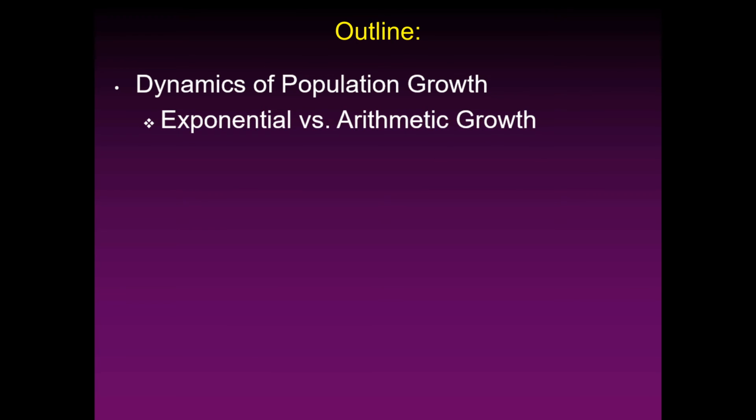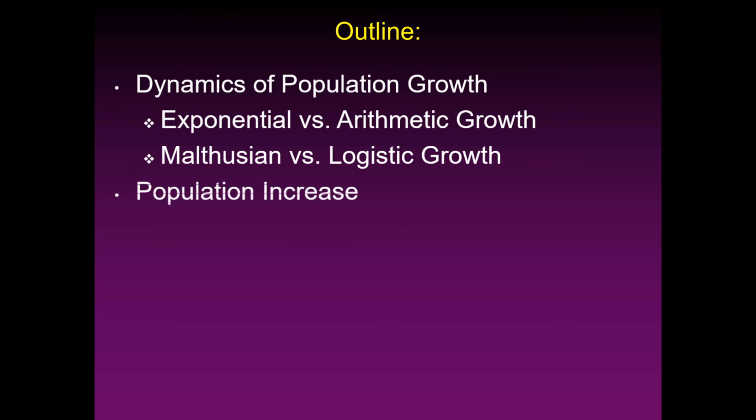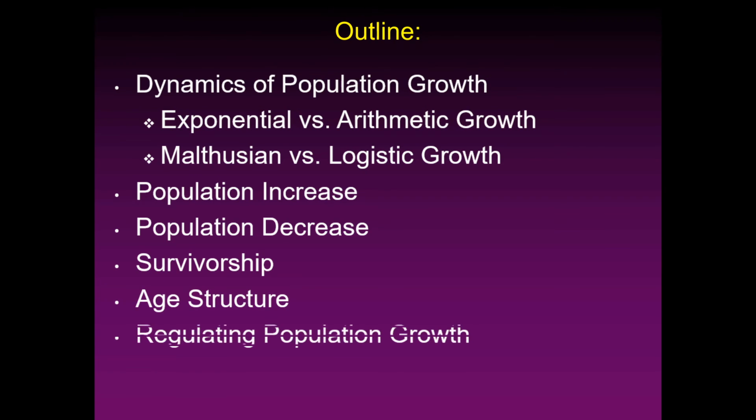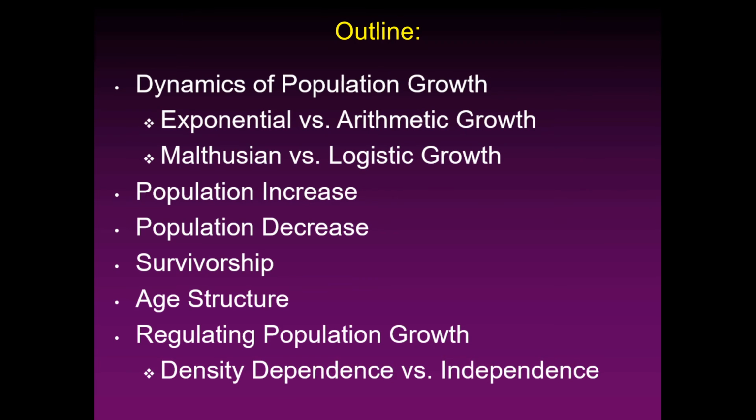A lot of that is going to focus on exponential versus arithmetic growth, also Malthusian versus logistical growth. We're going to look at population increase, population decrease, survivorship rates and survivorship curves, age structure within populations, regulating population growth, and density dependent versus density independent factors for population growth.